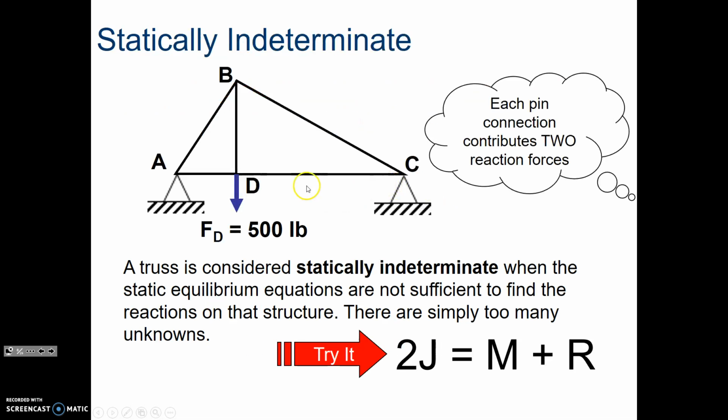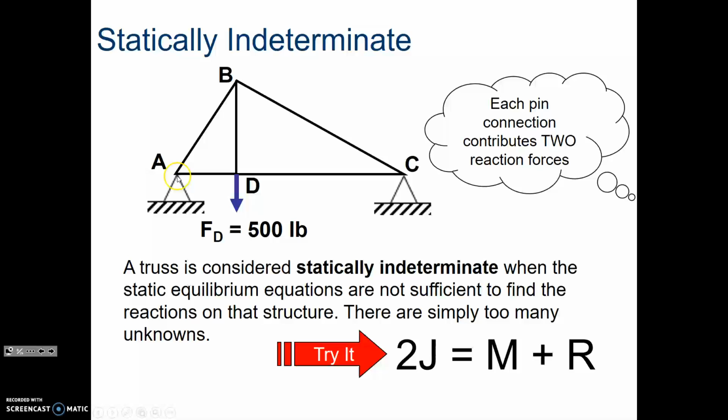So here is one. We've got 2 reaction forces, but each pin, triangle, is 2 reaction forces. One in the X, that keeps it from moving left to right, and one up and down. So you've got 2 here and 2 here. So that's 4 reaction forces. Then we look at the members: 1, 2, 3, 4, 5.